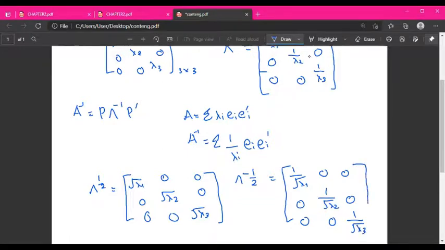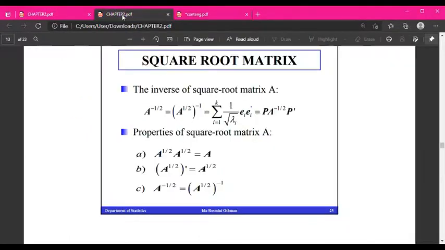If we have 3 eigenvalue lah. Okay. Kalau ada 2 je, sehingga 2 by 2 saja. Okay, so that is the way how you create the square root inverse of the big lambda.